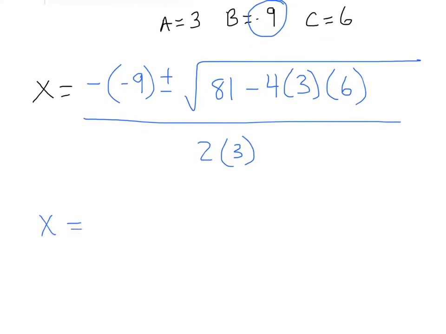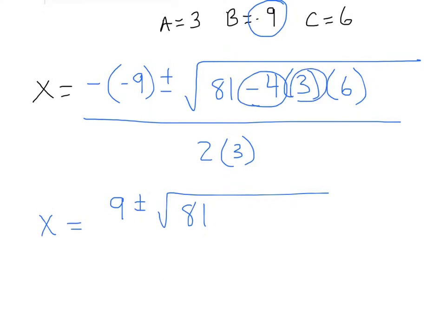And so I've got x equals 9 plus or minus the square root of 81. And then here I have negative 4 times 3, which is negative 12. And negative 12 times 6 is what? Negative 72. All over 6.